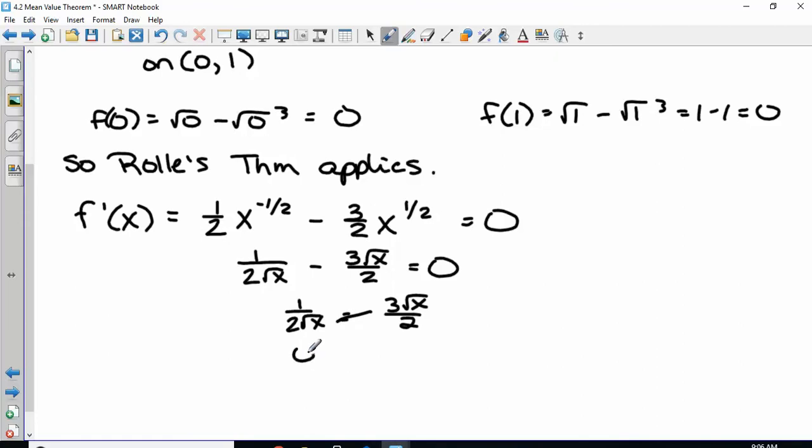So 6x equals 2. And x is 1/3. If you got multiple answers, you would be only taking the one that fell between 0 and 1. Okay, so it is possible that I might get an answer that doesn't fall in the interval, but Rolle's theorem told me there was at least one in the interval that would work.